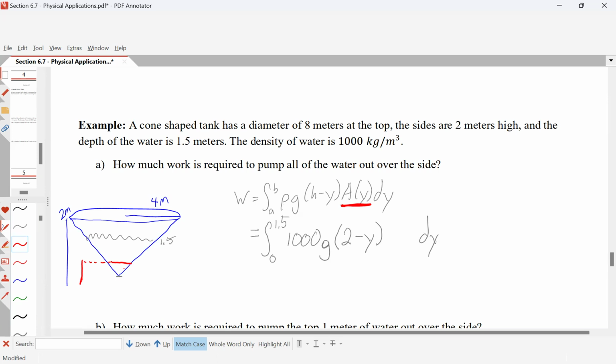Cone being pretty nice in that it has a circular top. So that circular top is telling us our surface area function is going to be somehow pi times r squared, because we've got a circle. At any spot y, I want to know, is there a way to find this r?